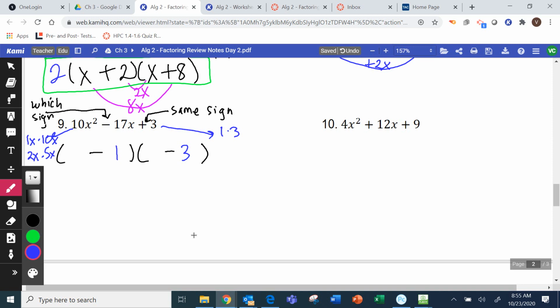So let's say I put a 10 and a 1. That's going to give me negative 30. Minus 1, nope, that's not 17. So I didn't even finish that one. I knew it wasn't right.